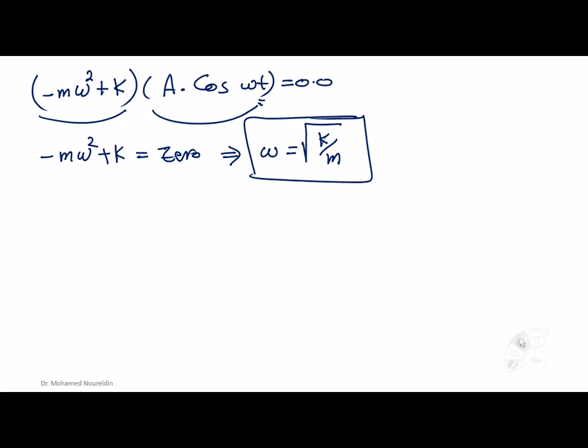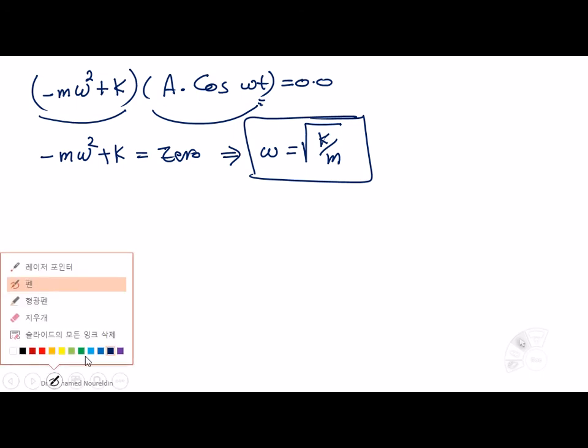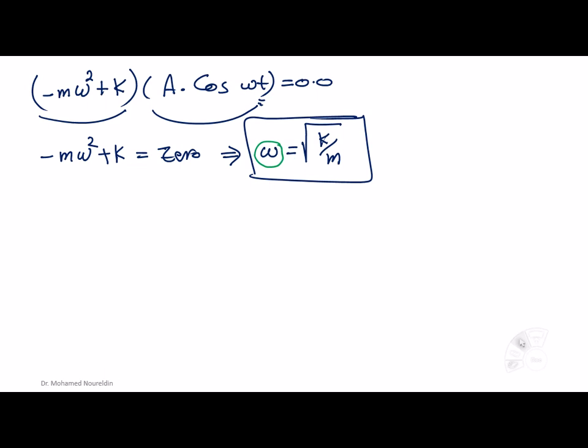Yes, this is one of the natural properties, the natural circular frequency of the system. So now let's give a definition for this. This is what we call the natural circular frequency, and it is going to be in rad per second.